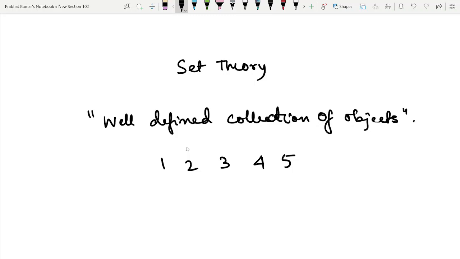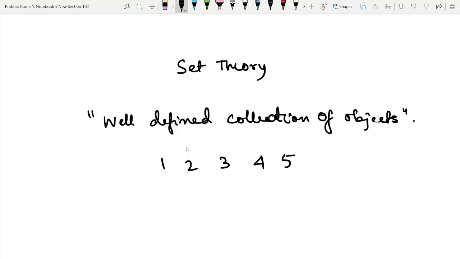Other subjects in mathematics generally take these properties from set theory and develop their own way of analyzing these things. So set theory is a fundamental thing in mathematics. You need to learn this carefully and conceptually so that you can develop a good fundamental over mathematics.